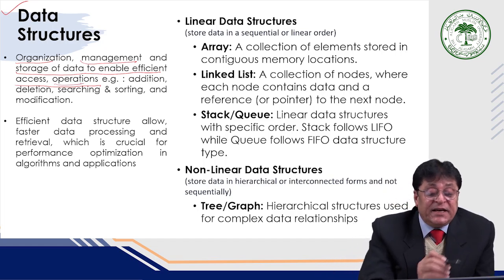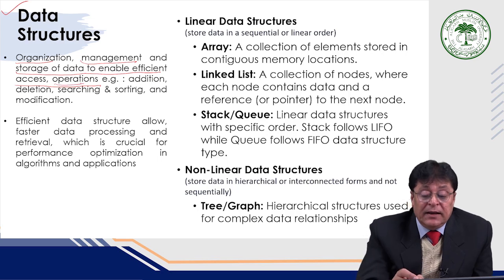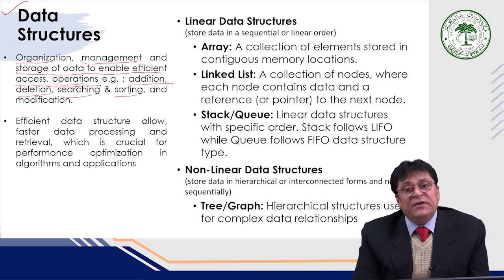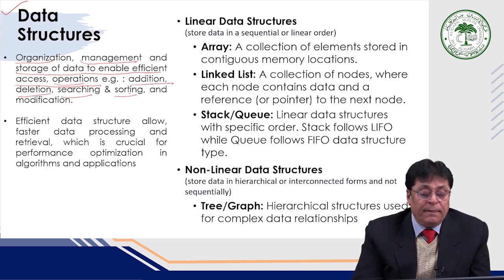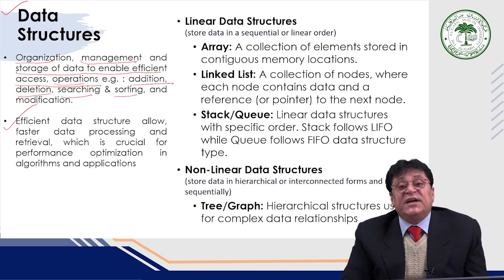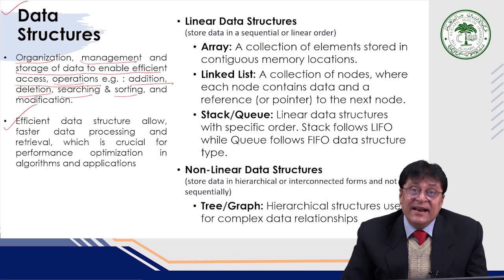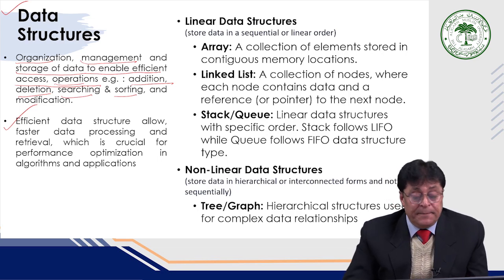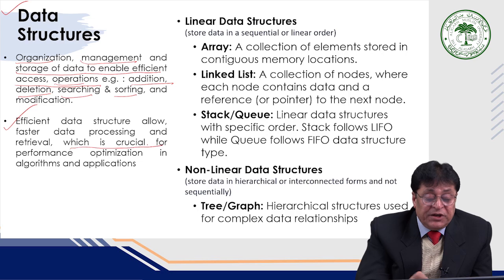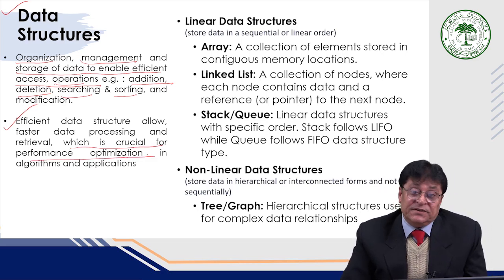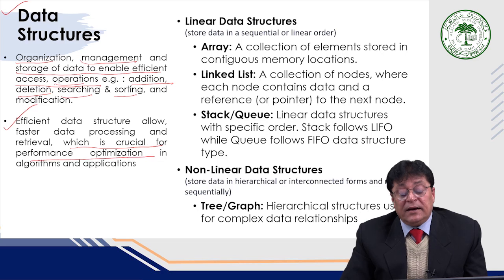And various operations which are possible are addition, deletion, searching, sorting, modification, etc. Efficient data structure allows faster data processing and faster data retrieval, which is very, very crucial for the performance optimization of algorithms and applications. There are broadly two types of data structure.